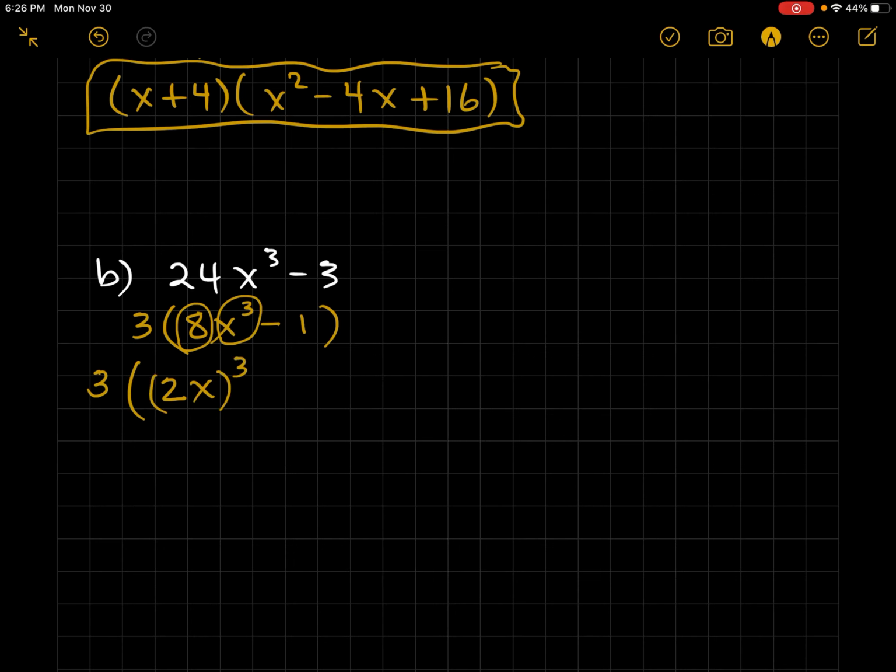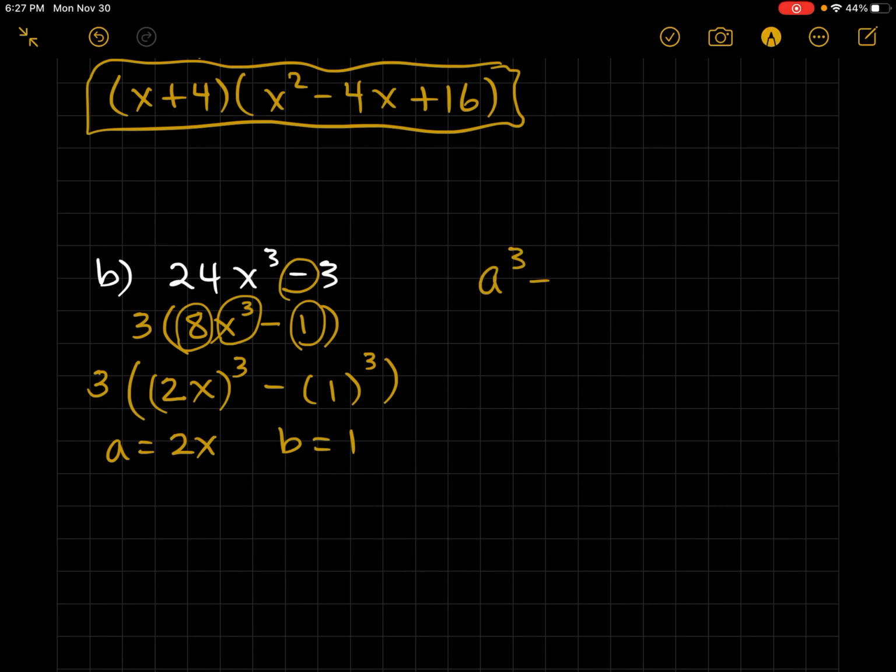So x got cubed, 2x got cubed. And here, the cube root is 1. So I can quickly see that my a is 2x, and my b is 1. That's a positive 1. This negative here is just a part of the problem.